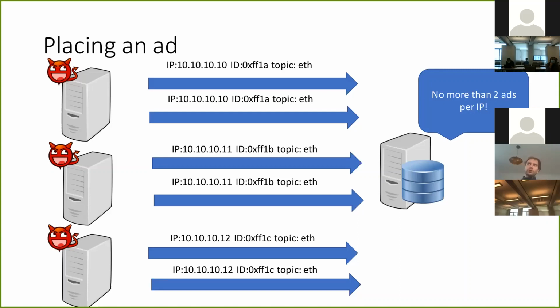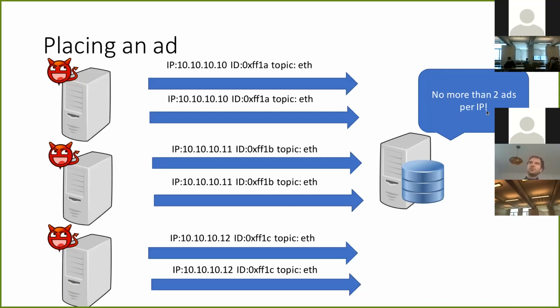What was usually done in the literature, and is also done currently in Ethereum, is that we can put some limits, saying, okay, a registrar can say, I don't accept more than 2 advertisements per specific IP or per specific ID. And again, it kind of works, but it's very difficult to set this number.